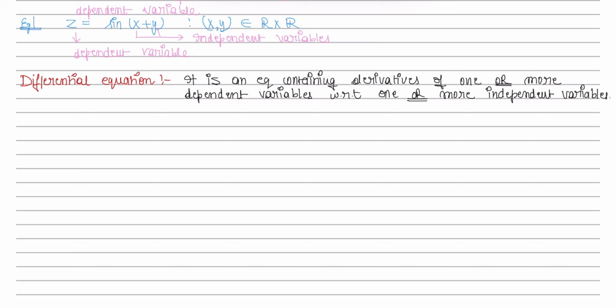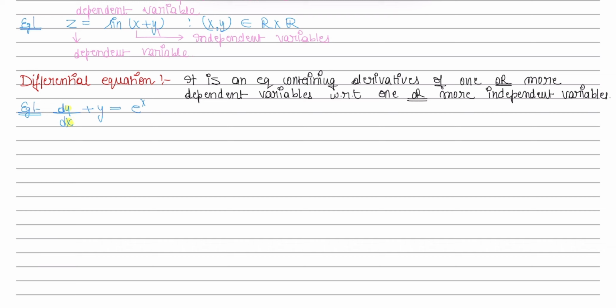For example, dy by dx plus y is equals to e to the power x. Here y is my dependent variable and x is my independent variable.